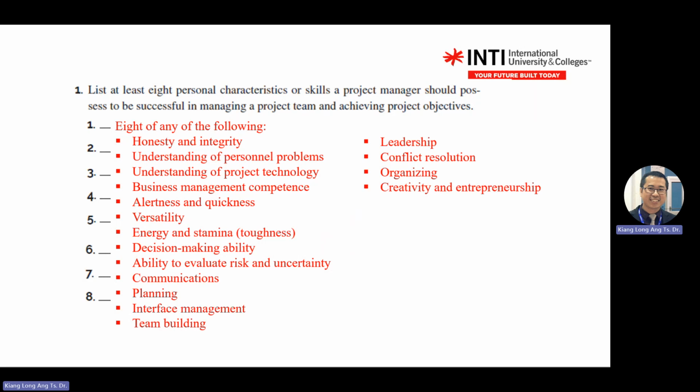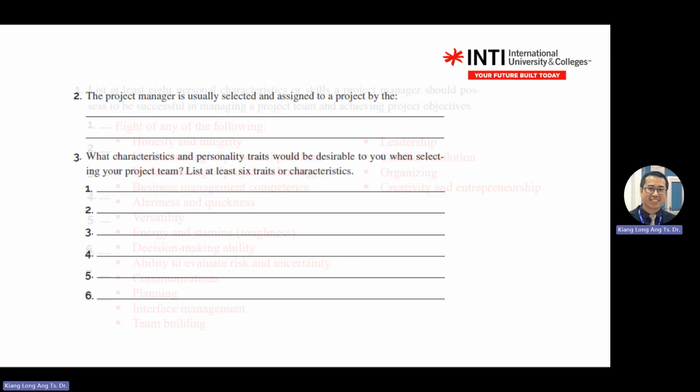Creativity. Okay, number 2, PM usually selected and assigned to a project by who? Who assigns? Who appoints? There are only 3 characters: customer, PM, functional unit manager, and one more. Who is at the top? Sponsor or stakeholder?